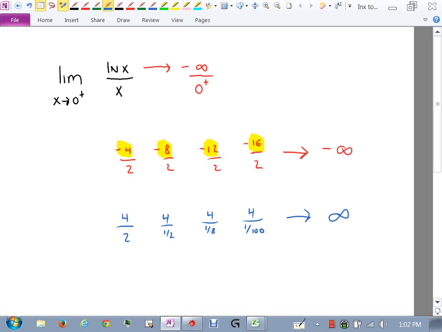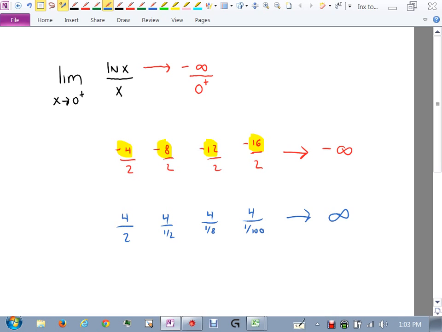That's 400. That's going to infinity. So what's happening here is these two guys are actually helping each other out. The top is like, I want to make this fraction bigger, and the bottom is like, well, I'm going to get smaller, which is also going to make this bigger. So they're working together to head towards infinity. It's negative infinity because the top is negative. That makes sense?